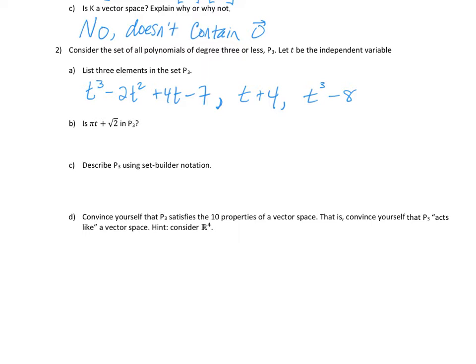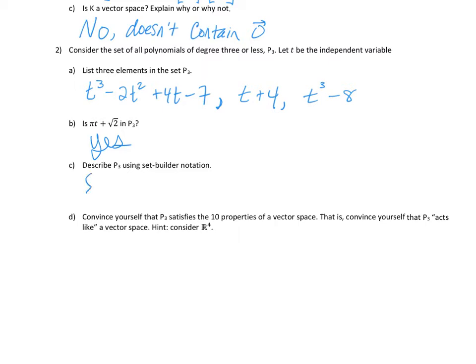Any polynomial of degree 3 or less. Is pi t plus root 2 in the set? Yes. Pi is a constant, root 2 is a constant, so this is a first degree polynomial. It's in P3.